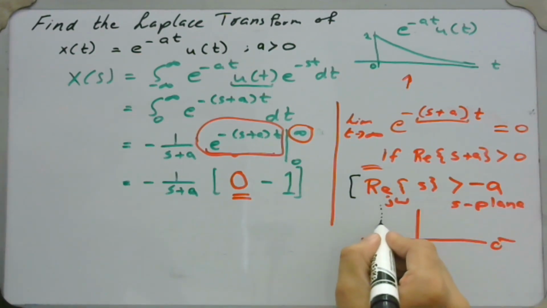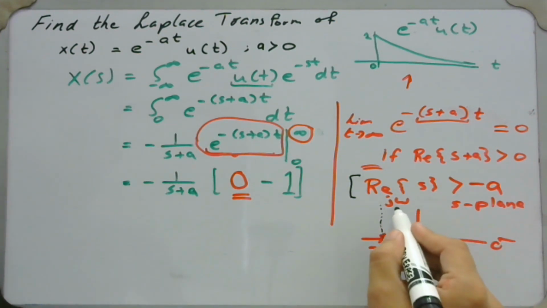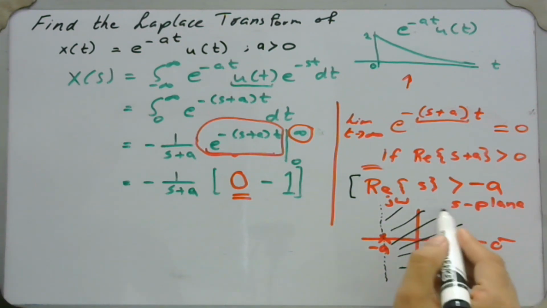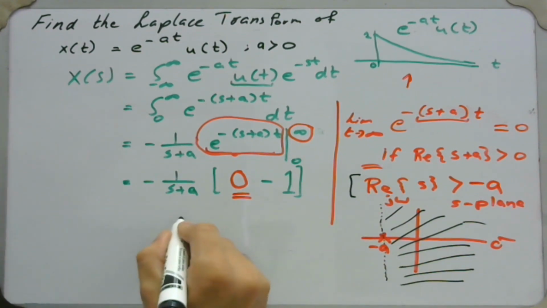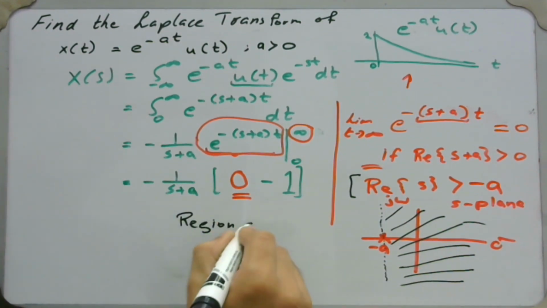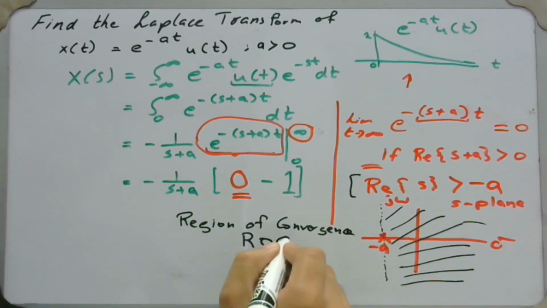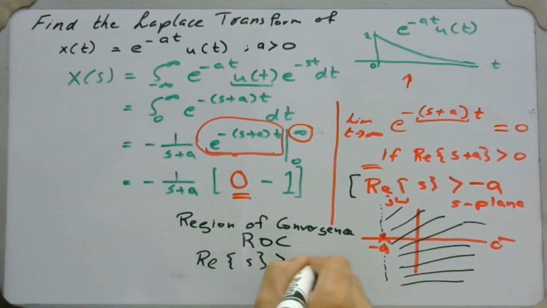If we draw a line here, our s should be in this region. So hence we can say that our region of convergence, that is ROC, is such that the real part of s is greater than minus a.